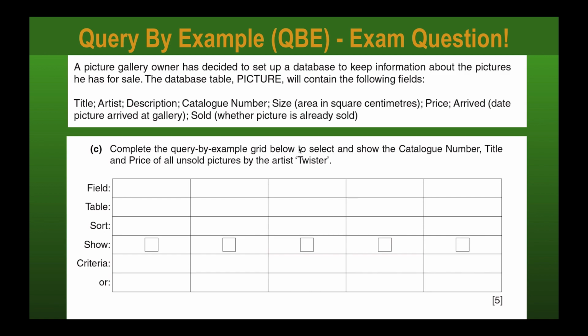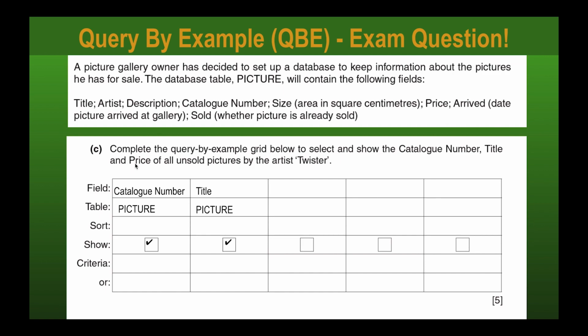Okay, so we're going to work through, starting at the beginning here. So it says, first of all, you're going to select and show the catalogue number. So in it goes, catalogue number. Now, if I'm selecting catalogue number, I'm going to put the table that it's from, and I'm going to put it to show because that's what it said. So I'm going to choose catalogue and show. Next is title, also from the picture table, and show.